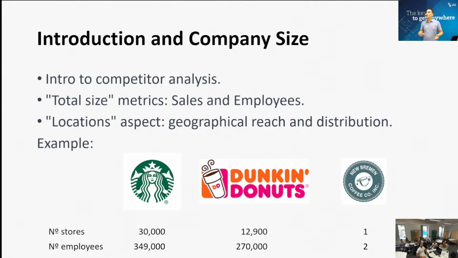But this is something that you have to identify. So getting this perspective of business, this New Bremen coffee shop cannot compete directly with Starbucks or Dunkin' Donuts. The brand awareness that these two brands have is too large. So they should find different features in the business that can help them to compete with the other two.